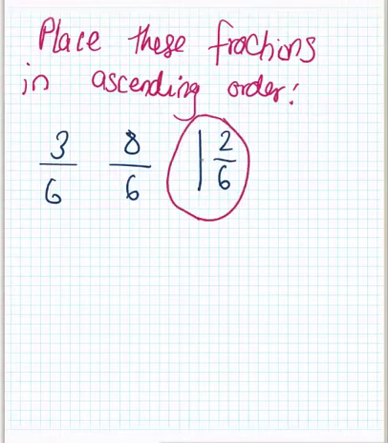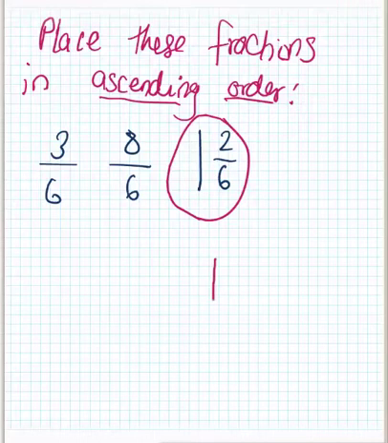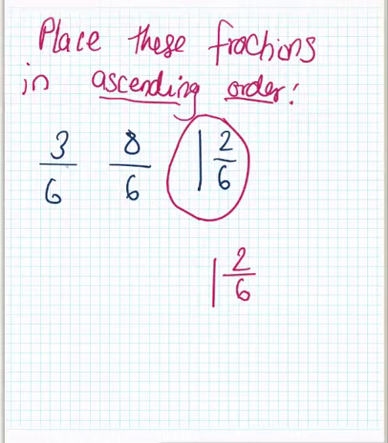So ascending order means, so hopefully you wrote your definition. So we're right, ascending means a rise or going up. So from smallest to largest. So this is the largest fraction, so I'll put it at the end. All right, now, out of these two fractions, they have the same denominators, so it's done for us.